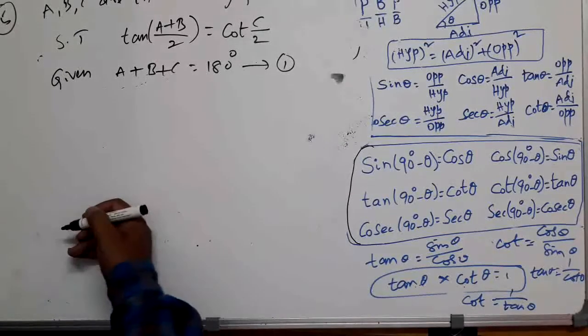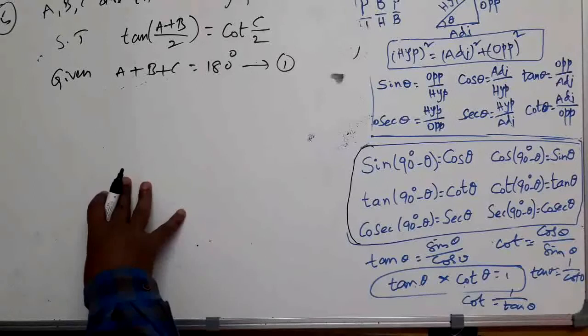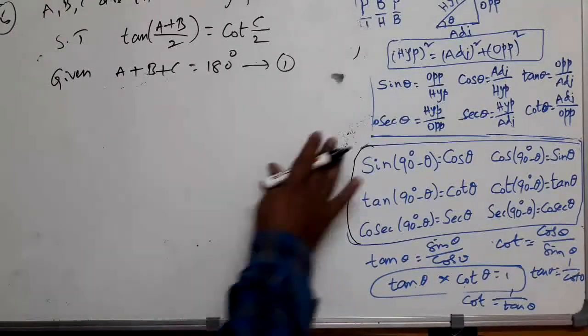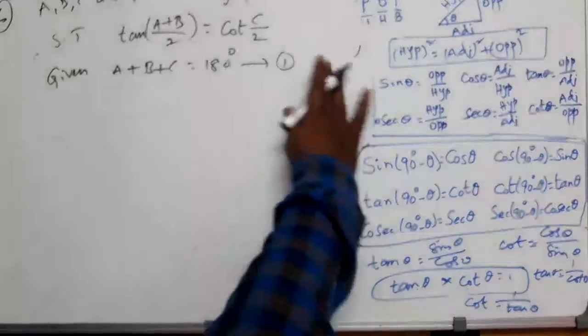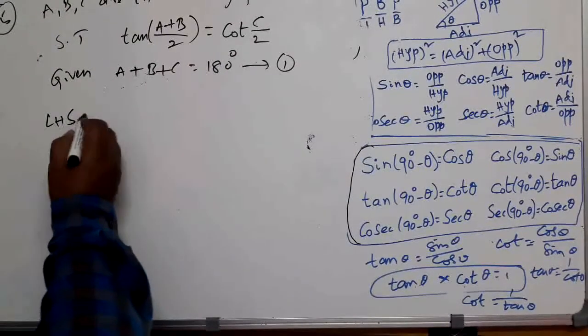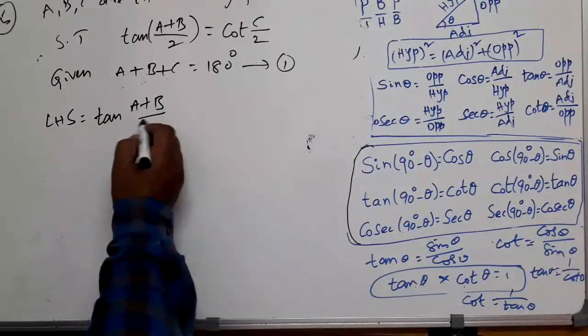How shall we proceed? Which method will maybe be easier now? Yes, what you got is correct. I also have the same idea. Yes, let us start at the left hand side part and let us bring the right hand side part. Yes, LHS is tan A plus B by 2.